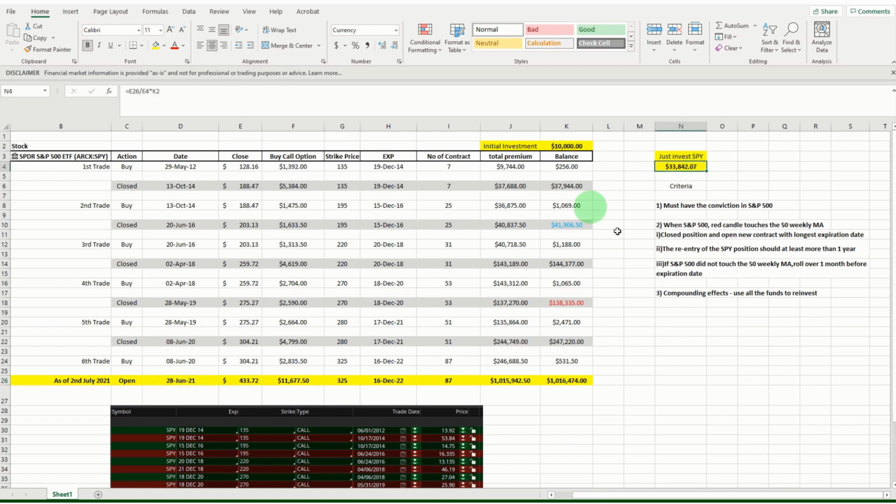If you use technical analysis and option trading, the ROI is quite significant. It looks like almost 100x.